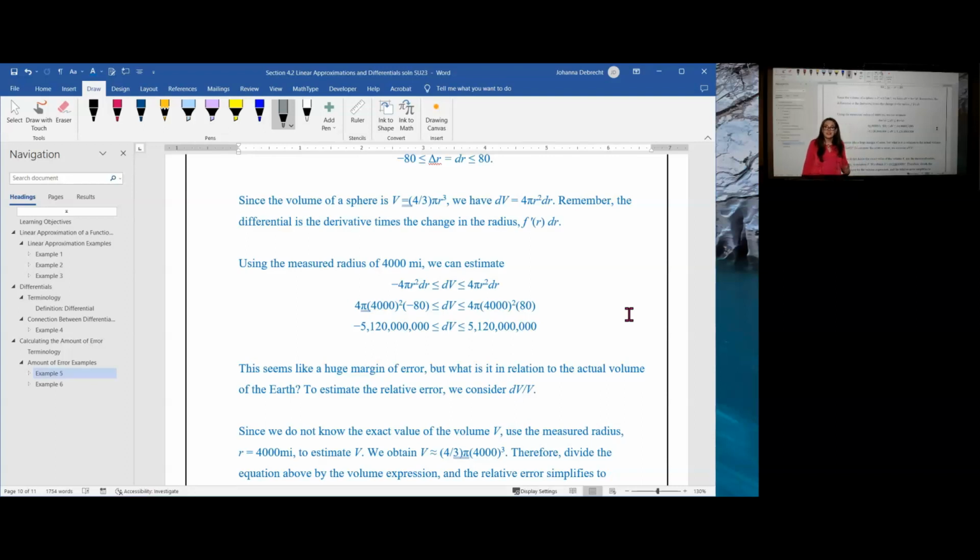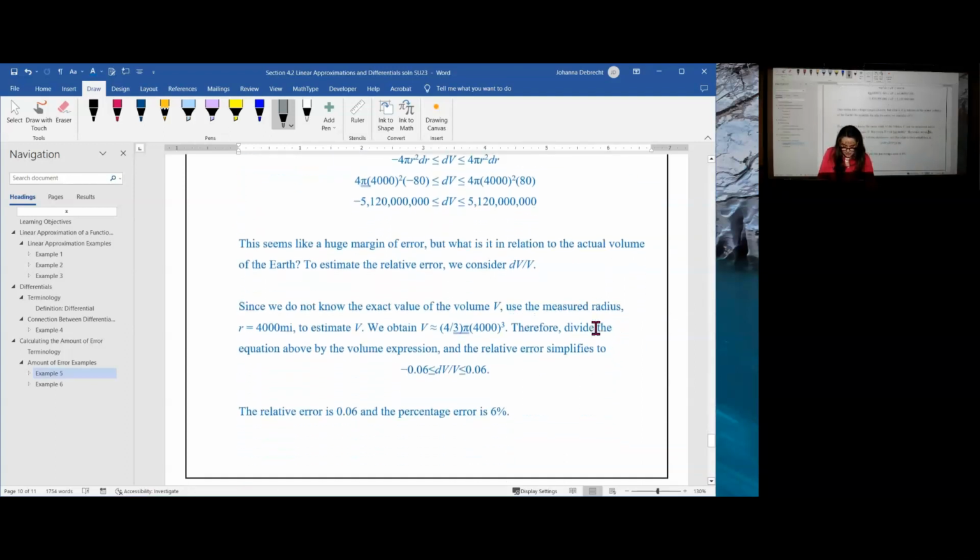However, we don't know the exact value for the volume, so we're going to have to estimate it using 4,000, our measured amount, for the true value. This is going to add error, propagated error, into our calculations. This gives us 4/3 pi times 4,000 cubed.